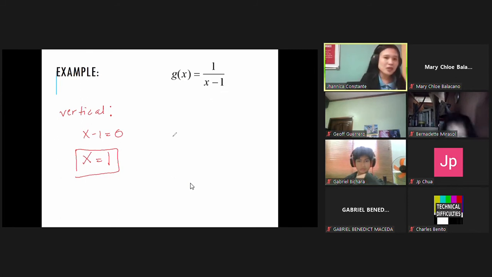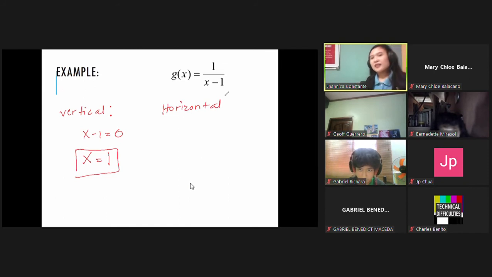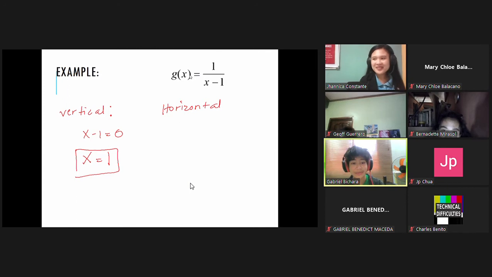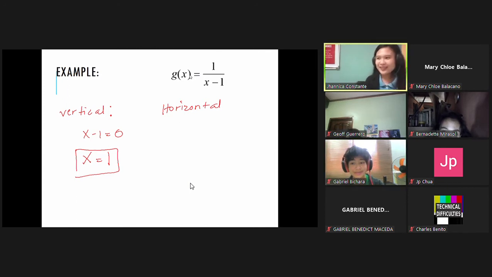So let's proceed with our horizontal asymptote. Look at the rational function that we have, g of x equals 1 over x minus 1. What can you say about it? Does it have the same exponent?